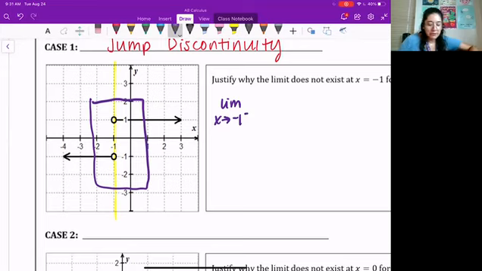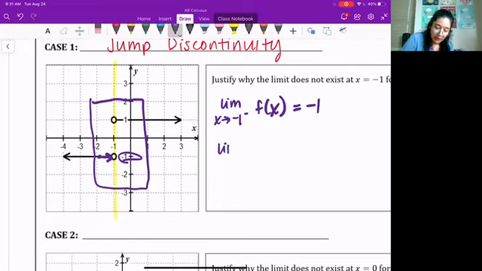Let's start from the left. Okay, so I'm looking at x equals -1. I'm going to move my eyes a little bit to the left. Okay, here I am. And my x values are getting close to -1. I'm approaching -1 for this function. And the limit asks, what y value am I getting close to? I'm getting close to -1.